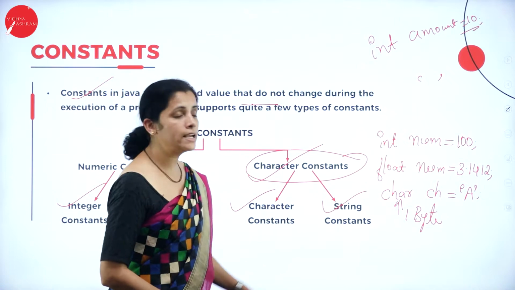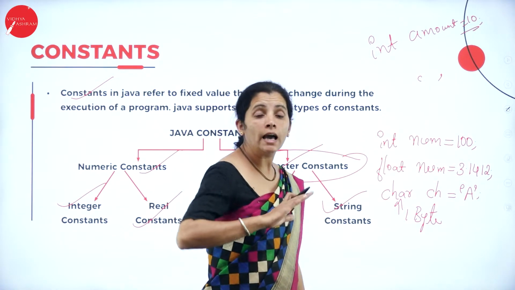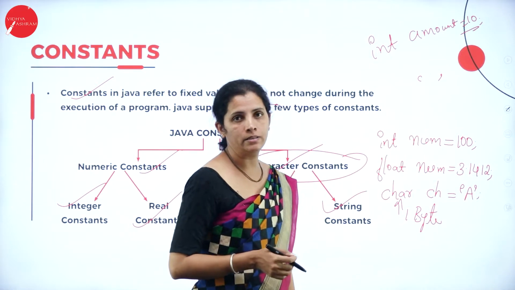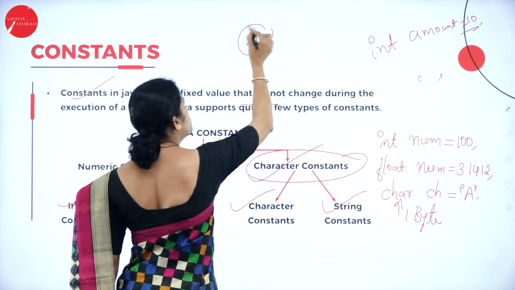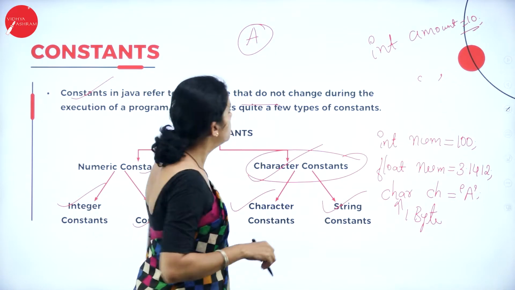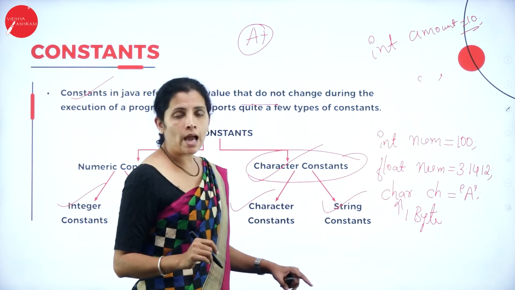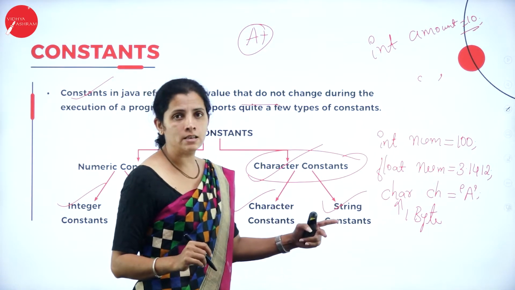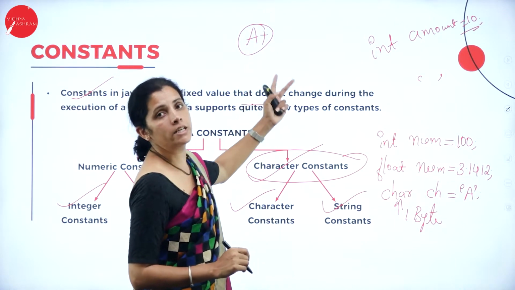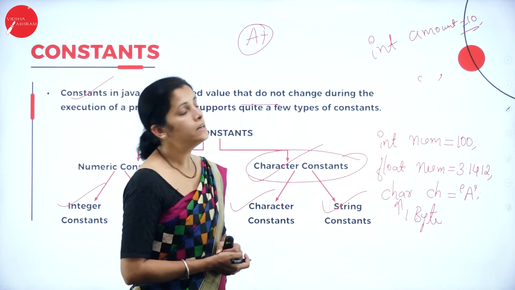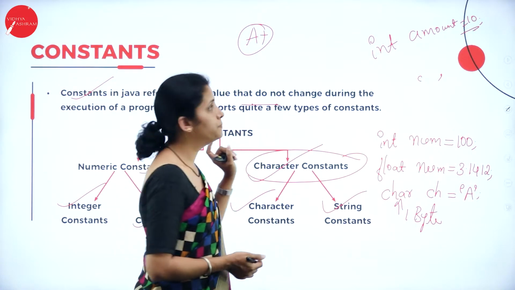Then what about string constant? Here string is nothing but the collection of characters. When I have A, then it is only one character. But when I write A plus, along with A, I have the symbol plus. So I have two characters. Now it is nothing but the string. What is string? It is the collection of characters.